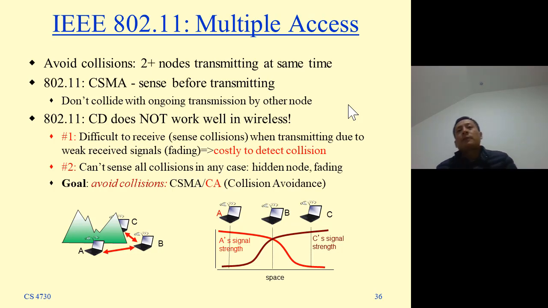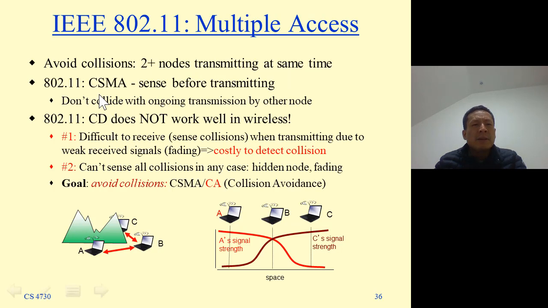In wired Ethernet, when you send out something, all the neighbor stations know immediately. But this is not the case for wireless. For wireless, the hidden node problem and exposed node problem will cause issues. So we need to do something differently for this competition.